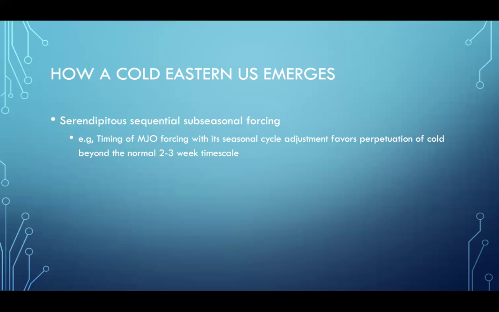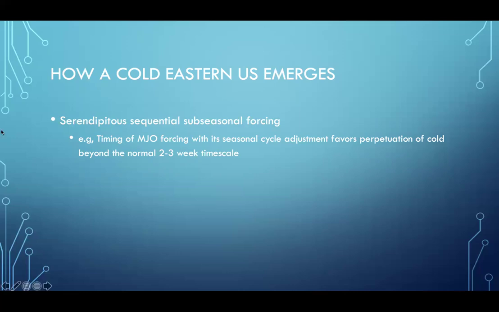For example, you might expect 1 to 3 weeks of cold signal associated with an MJO event if everything in the extratropics stayed the same. But because the wave train response patterns evolve with the seasonal cycle, the phase that favors cold in the eastern United States changes with the seasonal cycle.